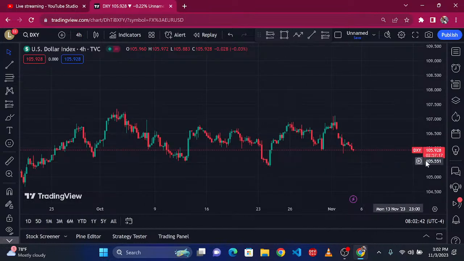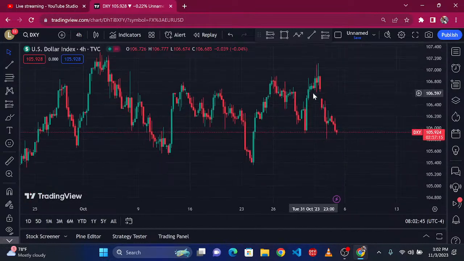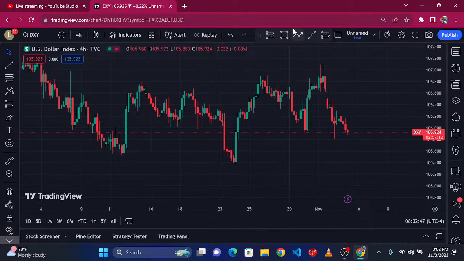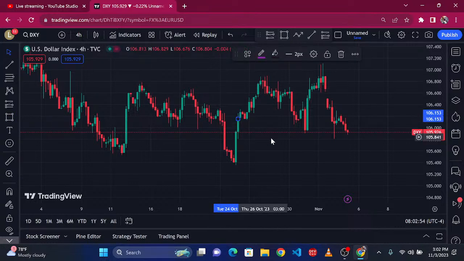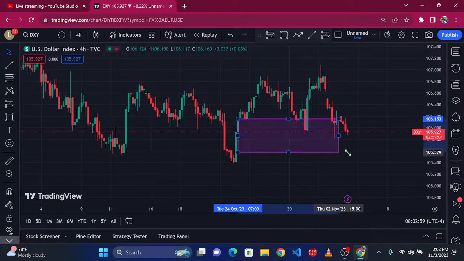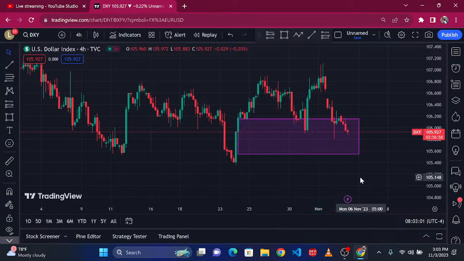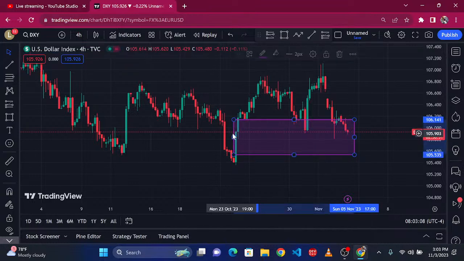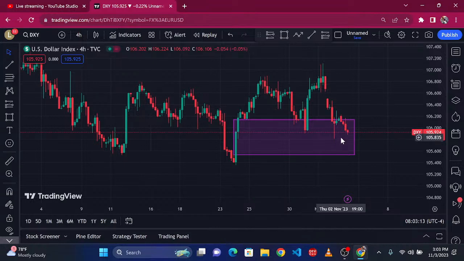If you take a good look, you will see we have a good imbalance right there, or what they call a fair value gap. This is a fair value gap on DXY down below, and this market is probably going into this fair value gap. This is a big one on H4.